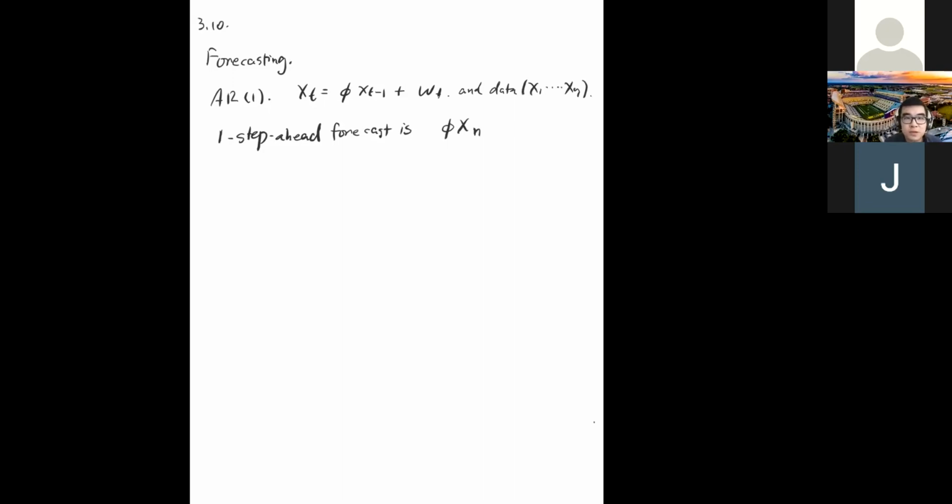Suppose our model is the AR(1) model, and we have data from the first period to period number n, so x_1 all the way to x_n. Then the one step ahead forecast we showed in last class is equal to phi x_n.